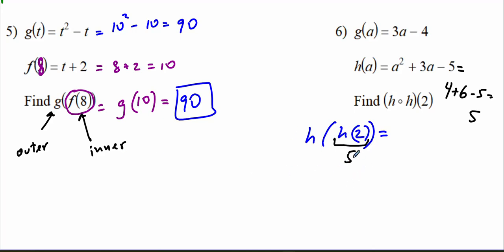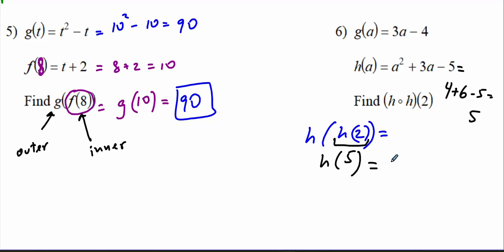Once this is 5, what I have here is H of 5. So I go back to the H function, because that's what the directions tell me. But now I plug in, not the original 2, but the new input, 5.